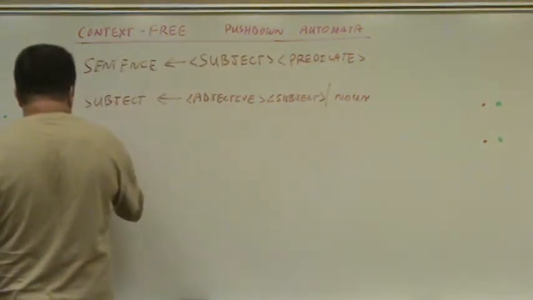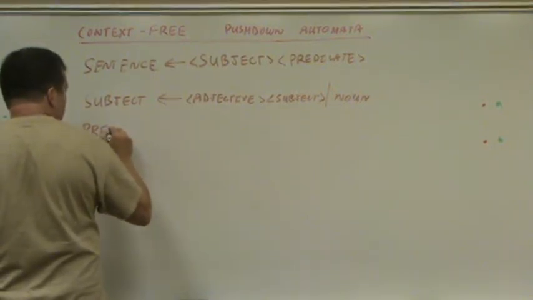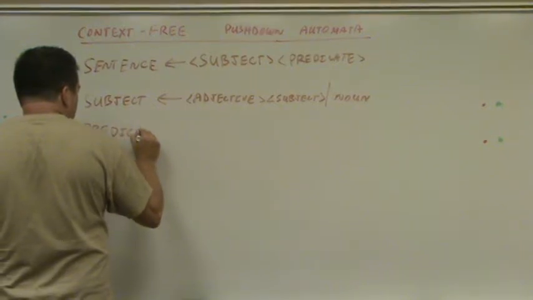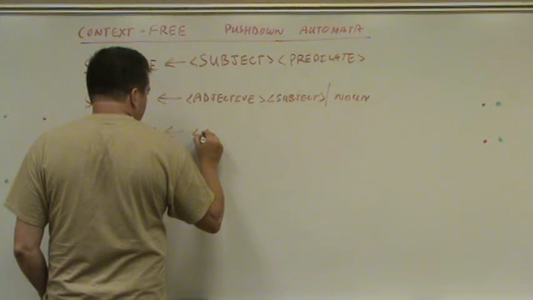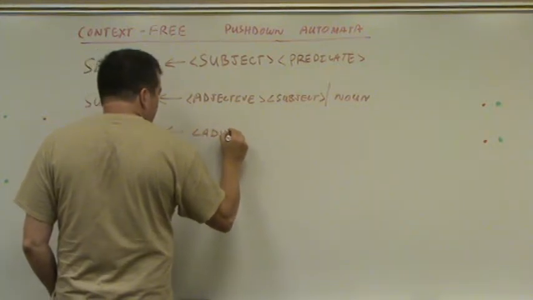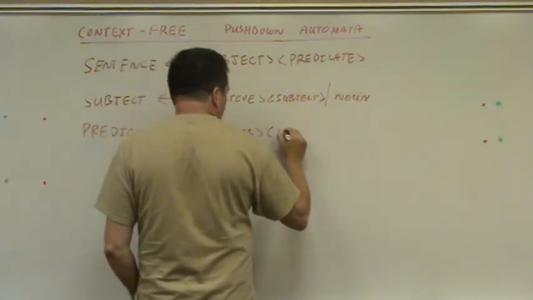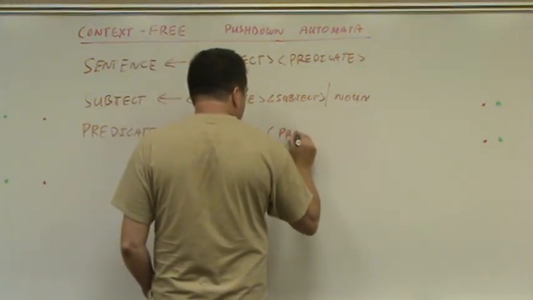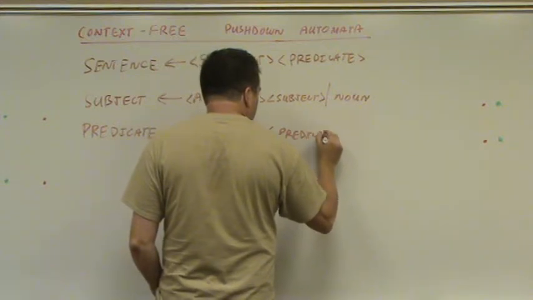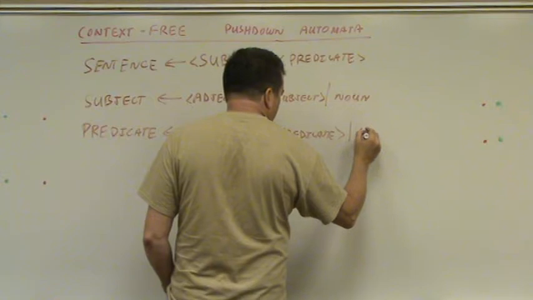And a predicate, and I don't want to make this too complicated, a predicate can be made up of adverbs followed by a verb, followed by a predicate, or it could be just a verb.